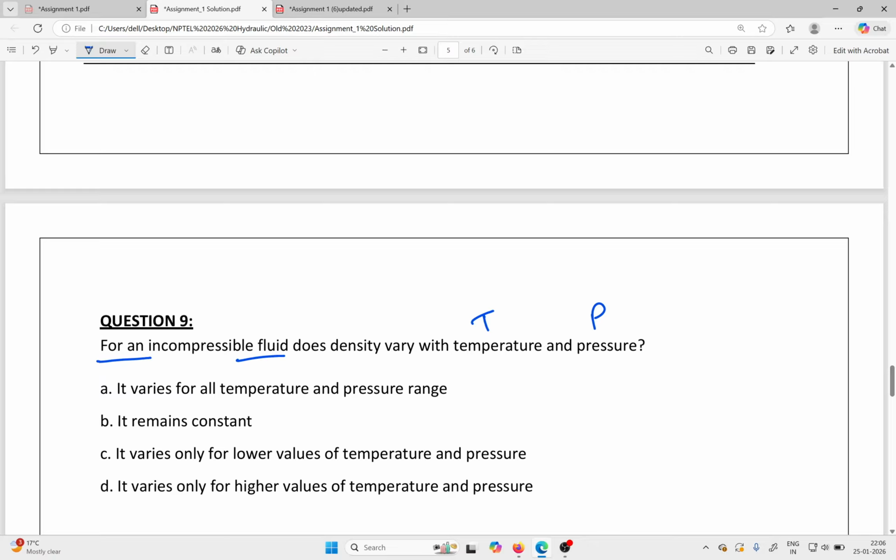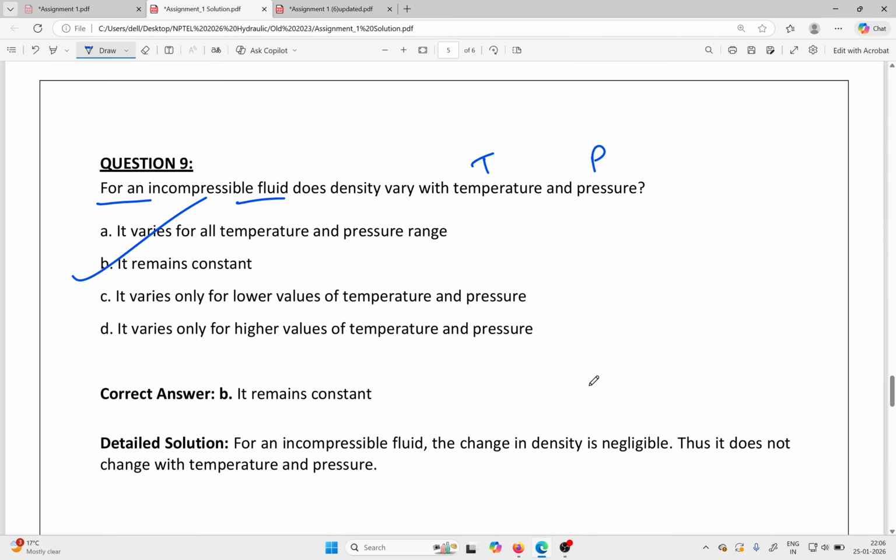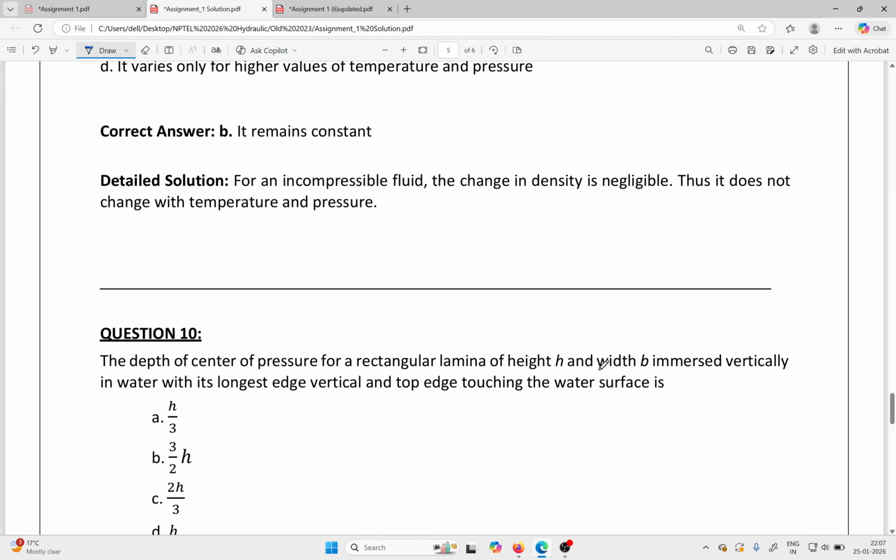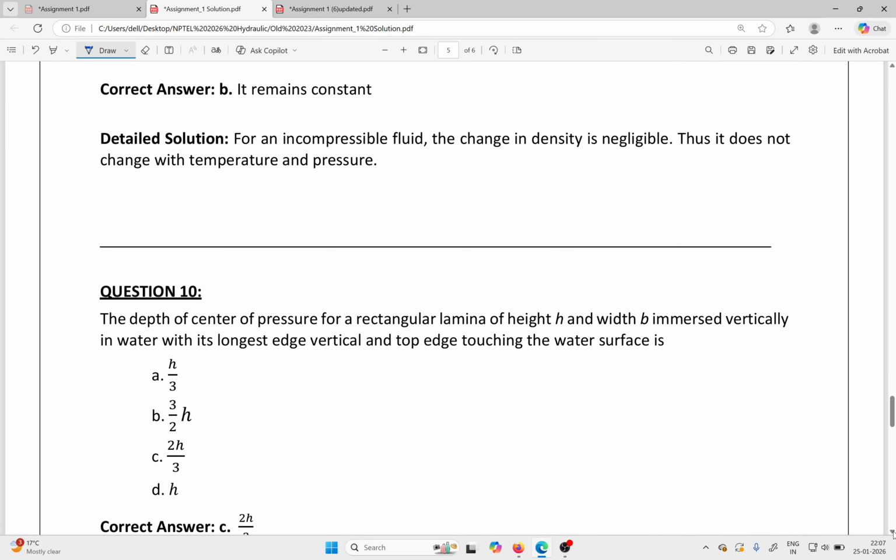I think we have solved this question already. Previously it was the first question. So it remains constant, because it is incompressible, not the compressible one.